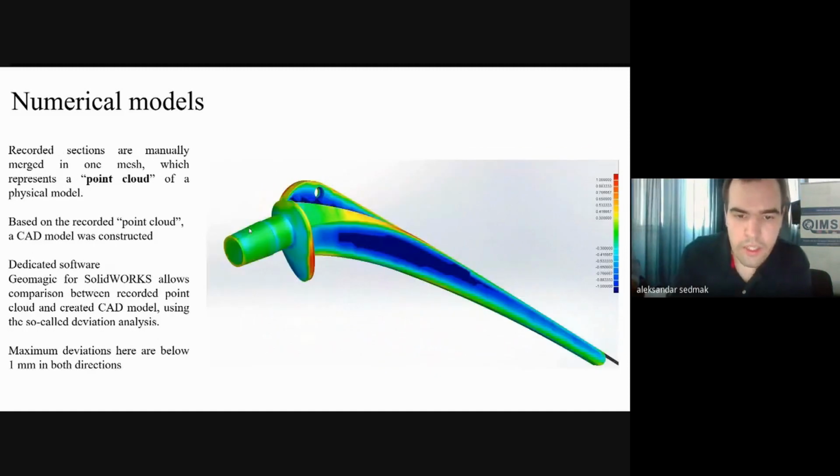So on the next slide is a standard deviation showing that by creating a CAD model, we had not more than 1 millimeter dimensional deviation in both directions.